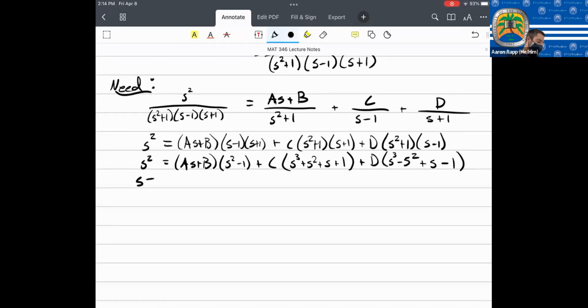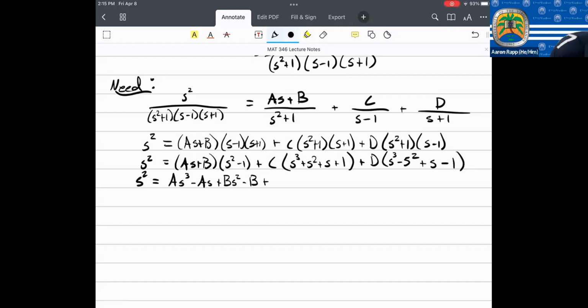And then I finally go ahead and FOIL out that first product, the as plus b times s squared plus 1. And get as cubed plus as plus bs squared plus b, and then also go ahead and distribute that c term through. I was like, no, I did this multiplication correctly.